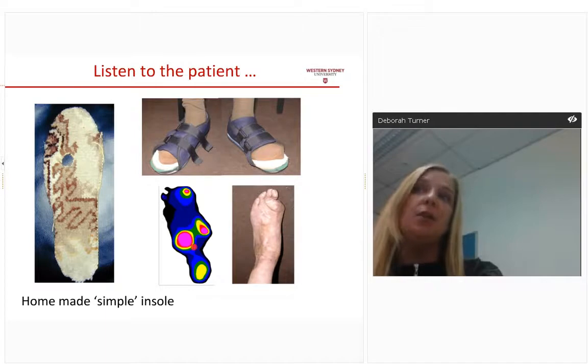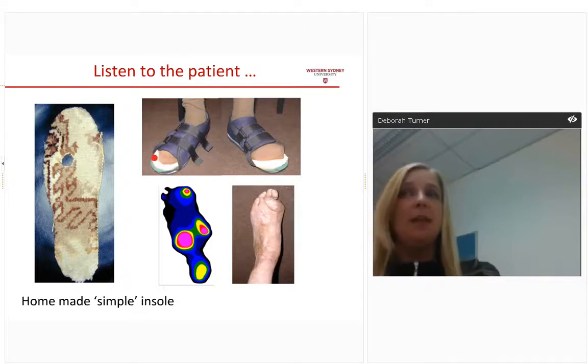But the patient has recognized the need to really well cushion the plantar surface of the foot and particularly these high focal areas. This was a combination of a spongy cushioning material with some sheepskin lining. And this is what the patient, when they came to see us on the first occasion, had been managing with for about 3 to 4 years.